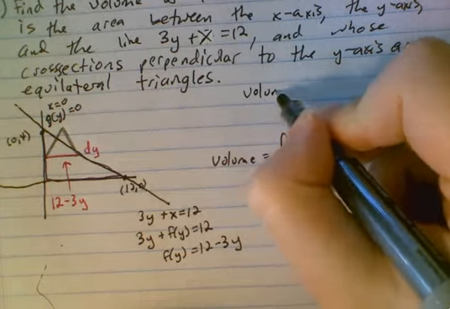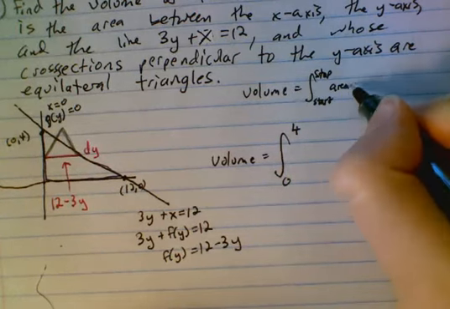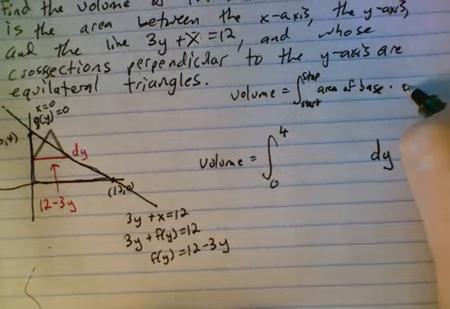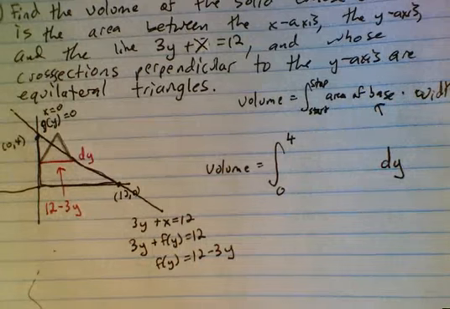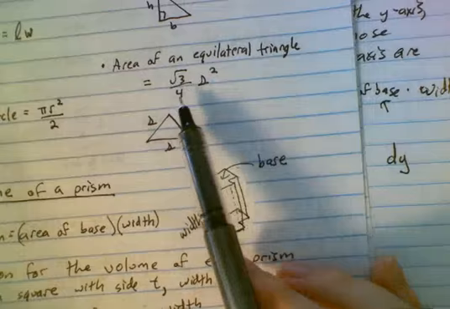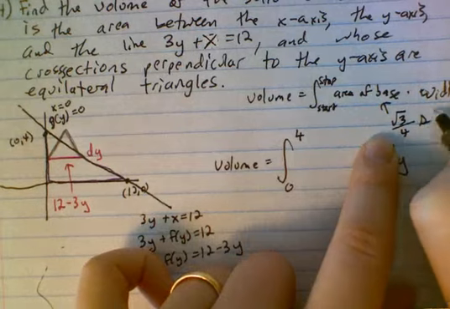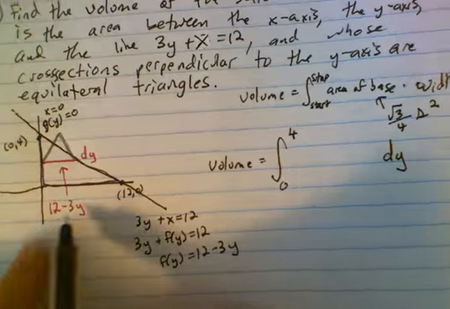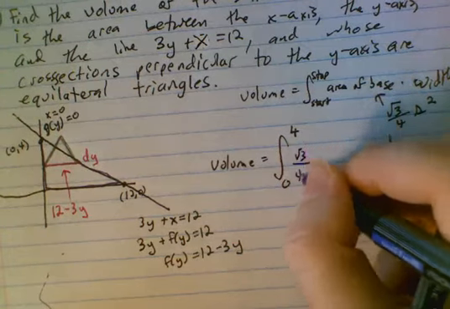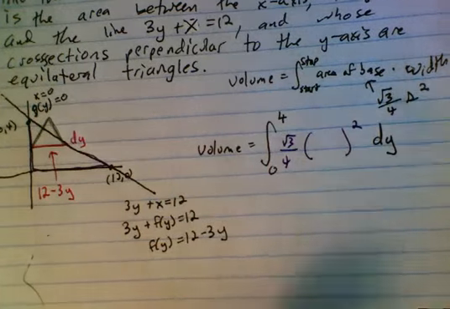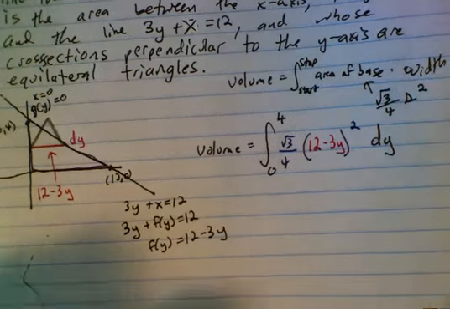I'm going to set this up. If we look way back over here, the area of an equilateral triangle is root 3 over 4 s squared. We can see that our side is this 12 minus 3y. So I've got root 3 over 4 times the side squared, 12 minus 3y.